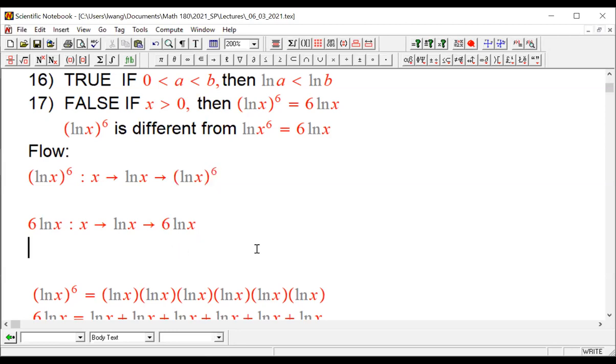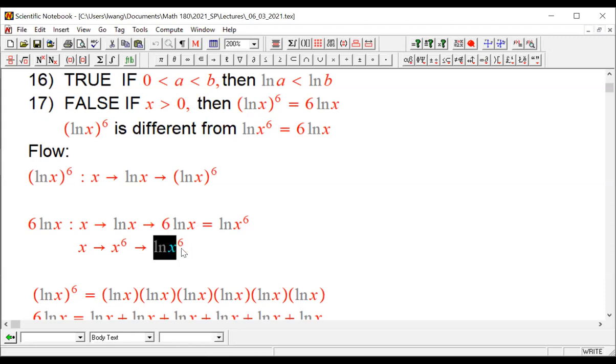That's to be examined. And this guy is equal to what? ln x to the power 6. We have such a power rule. In other words, this power rule tells us if x is given as input, and then you're going to make this, all right?